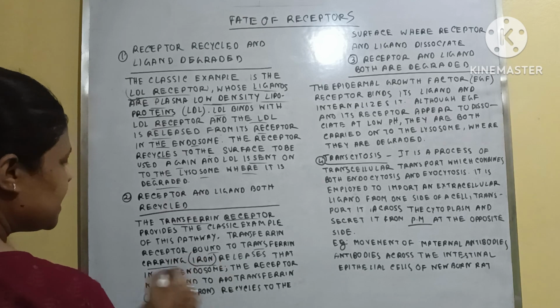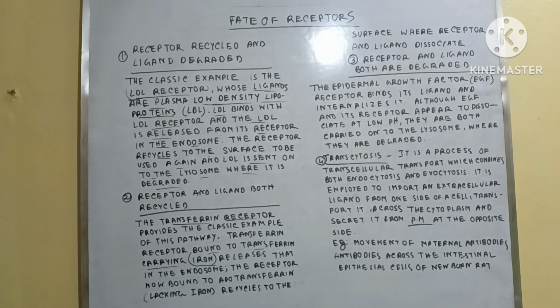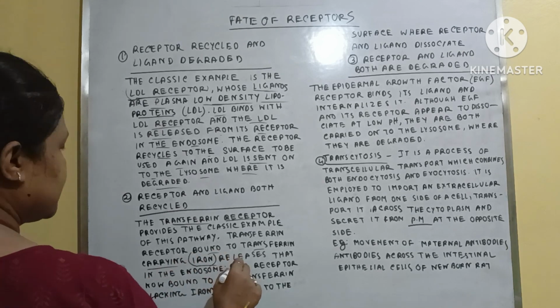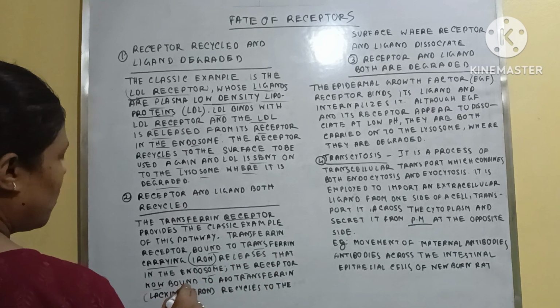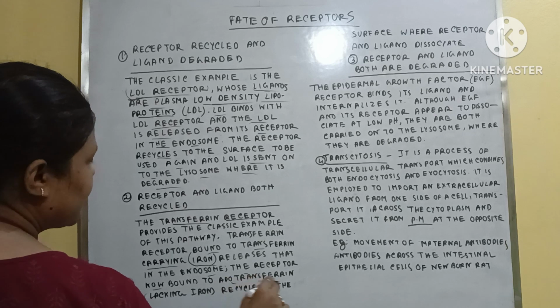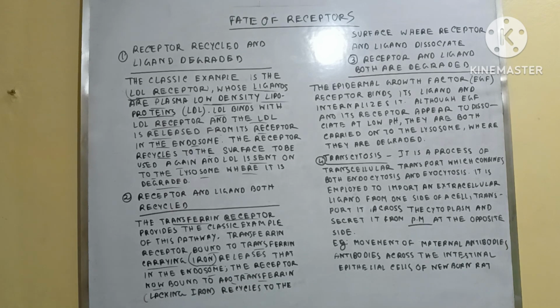Here iron is the ligand. And this iron is released in the endosome, and the receptor now bound to apotransferrin recycles to the surface where the receptor and ligand dissociate.